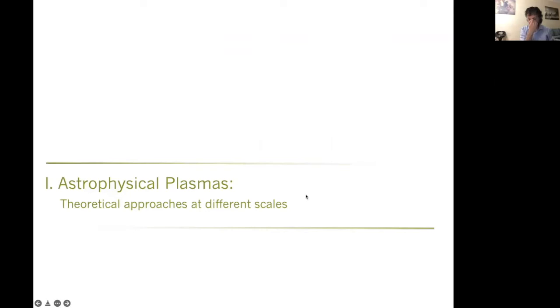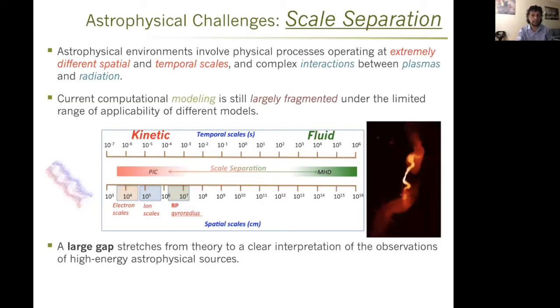Astrophysical plasmas. I want to review some of the concepts because I wasn't sure how many of you are familiar with the description of a plasma. So I would like to highlight the differences at different scales. Indeed, the major challenge in astrophysics when modeling plasma comes from scale separation, because astrophysical phenomena involve processes operating at very different spatial and temporal scales, and those also require complex interaction between plasmas and radiation.